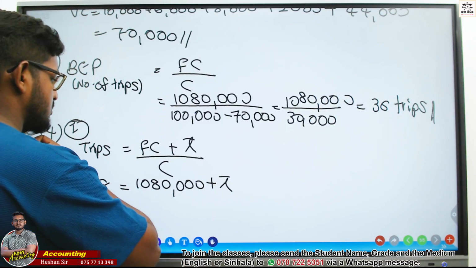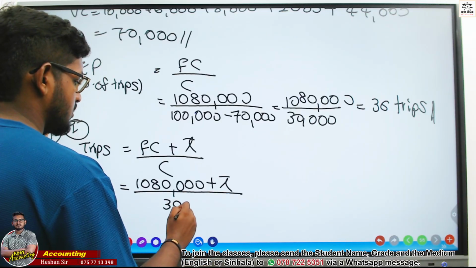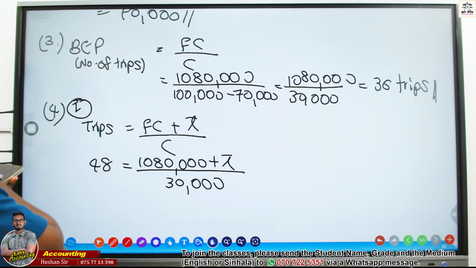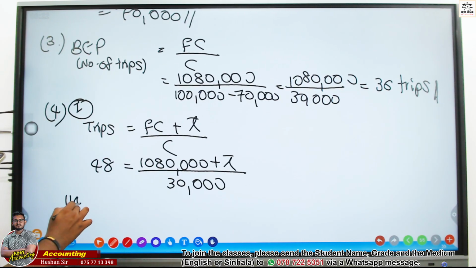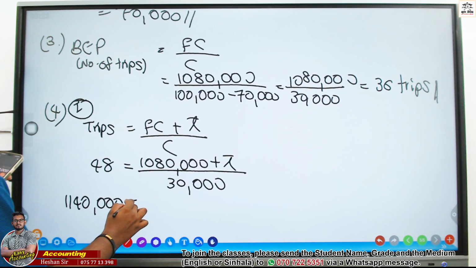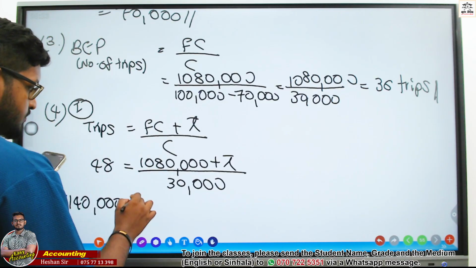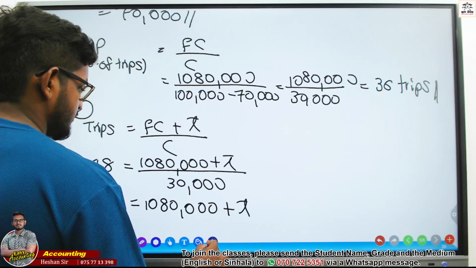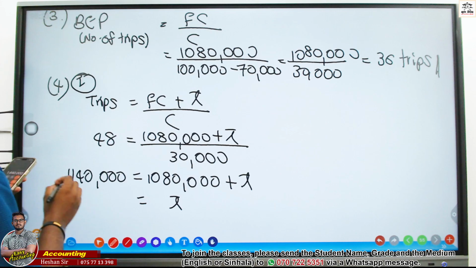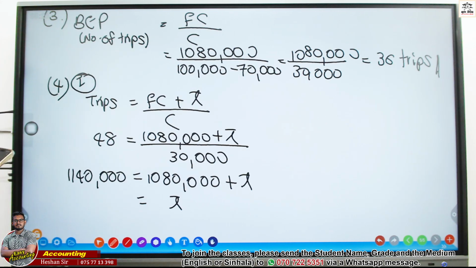Divide by the contribution. Then you can see 48 multiplied by 30,000, that is 1140 equal 1,080 plus profit. So the profit equals, subtract. That is 360,000.